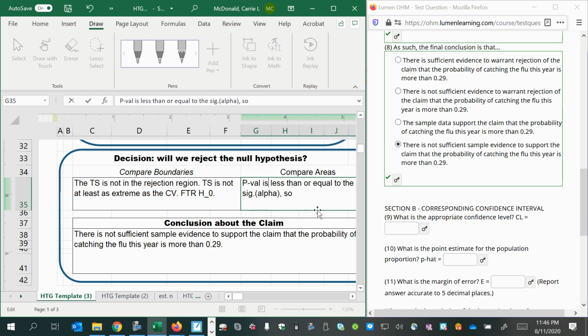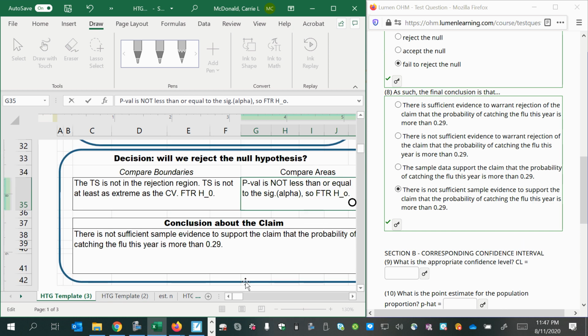It is not less than, so fail to reject the null hypothesis. Another thing you could say is that the test statistic has a lower probability of occurring than the maximum probability of a type 1 error.